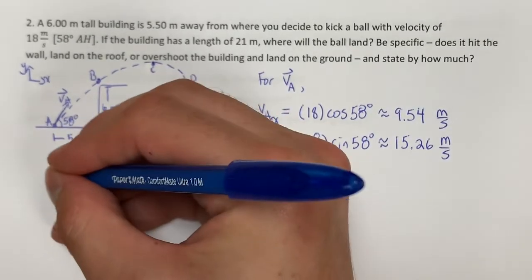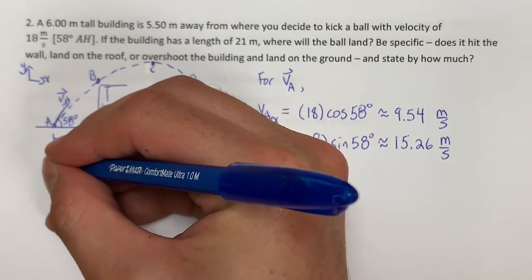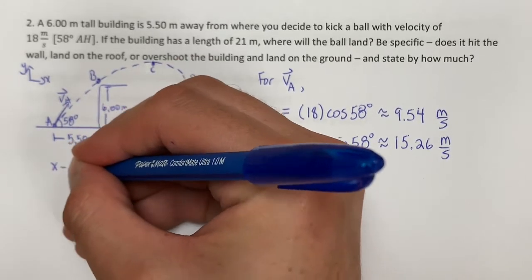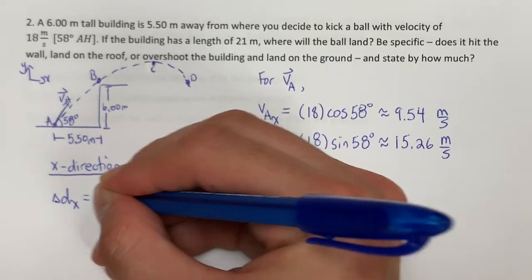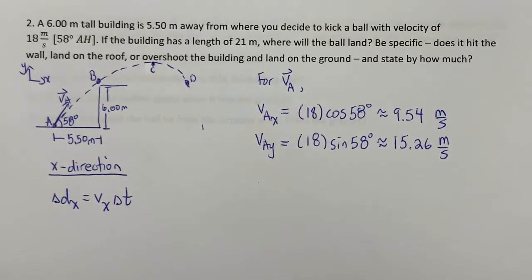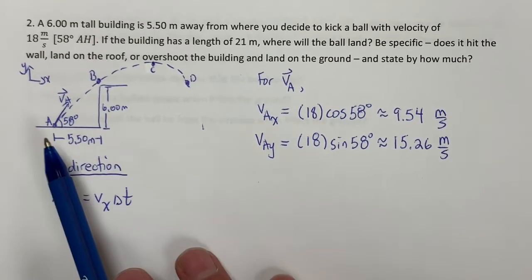All right, so let's use the x direction first. There's only one equation for the x direction. Use this one. It's for a constant velocity because the object's not accelerating left to right.